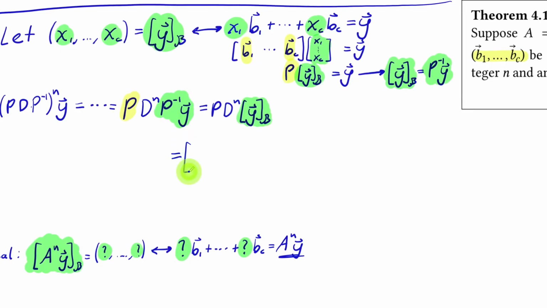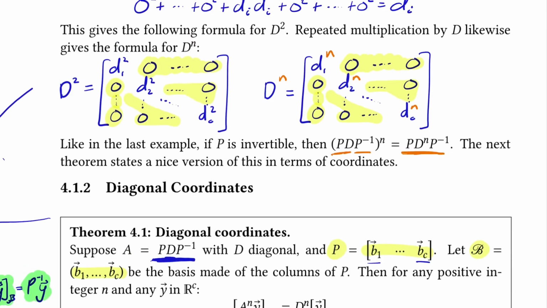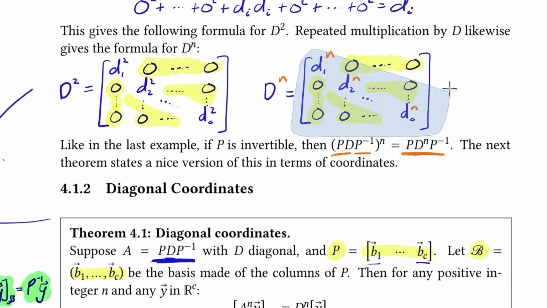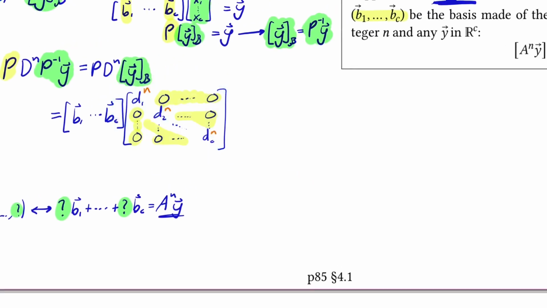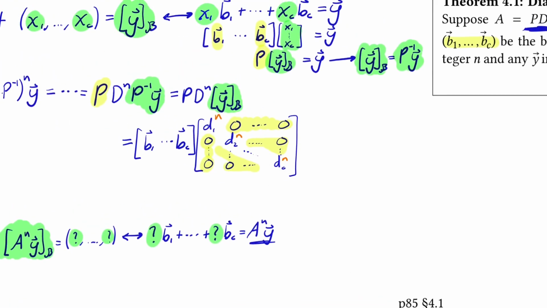Let's write out the P in terms of its columns. And then D to the power n, we got a nice formula for D to the power n a minute ago from the previous video. And then the B coordinates of the vector y, we said, is this vector x1 through xc.